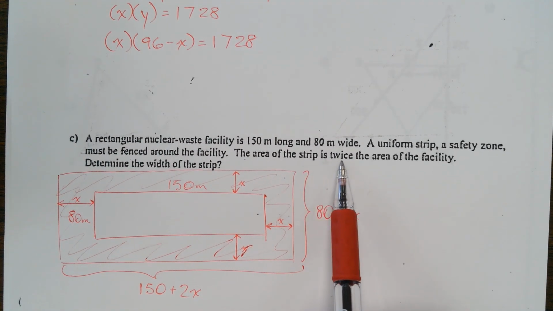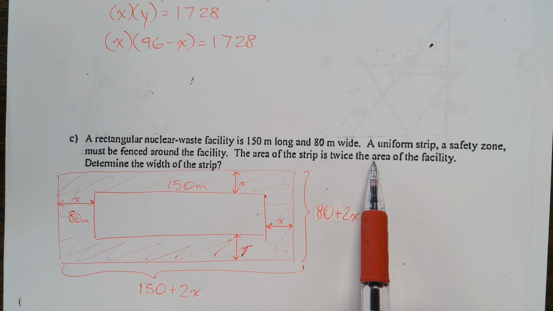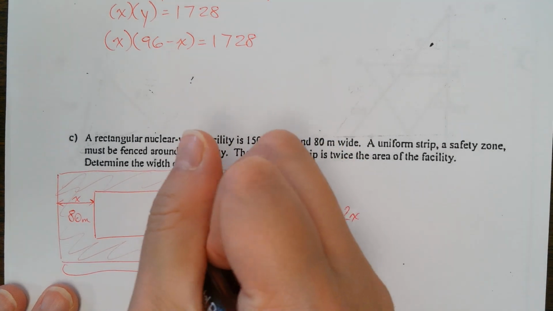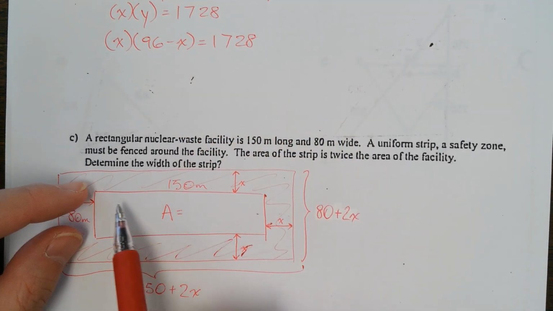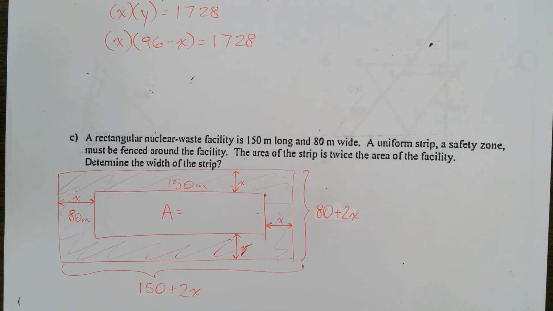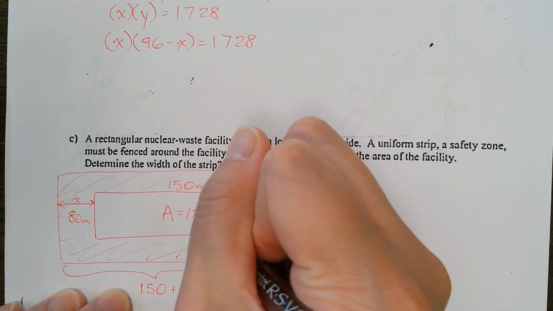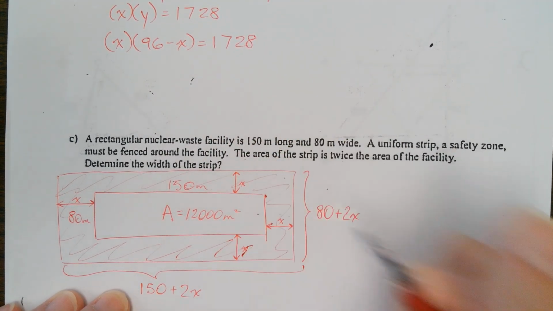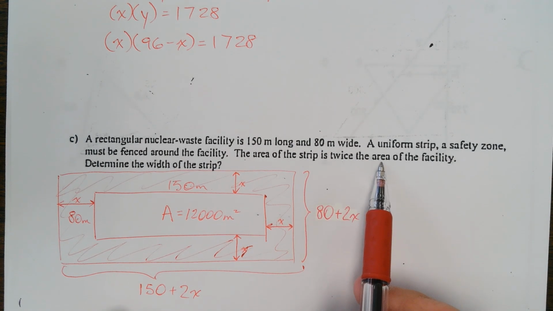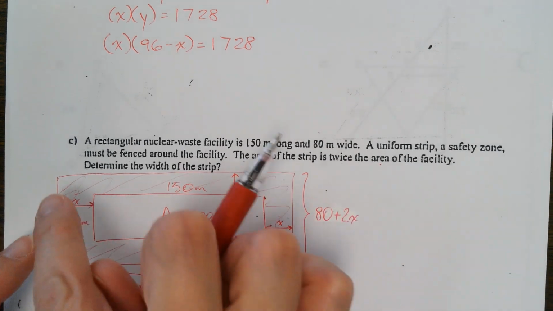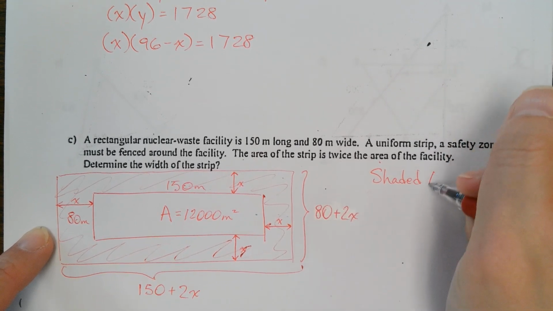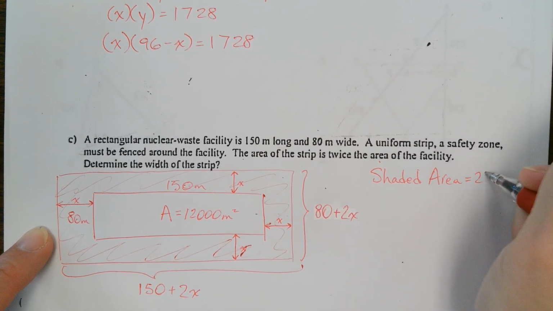Okay. The area of the strip is twice the area of the facility. So I know the area of this part is 80 times 150, 12,000 meters squared. Twice the area of the facility, so that means this shaded area equals 24,000.